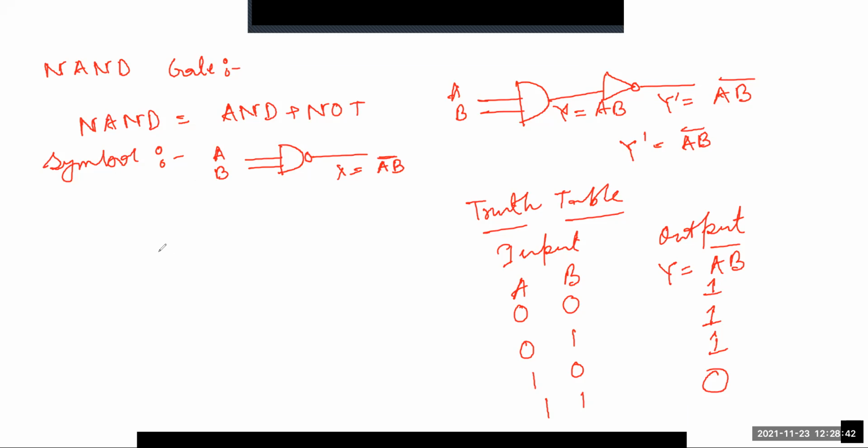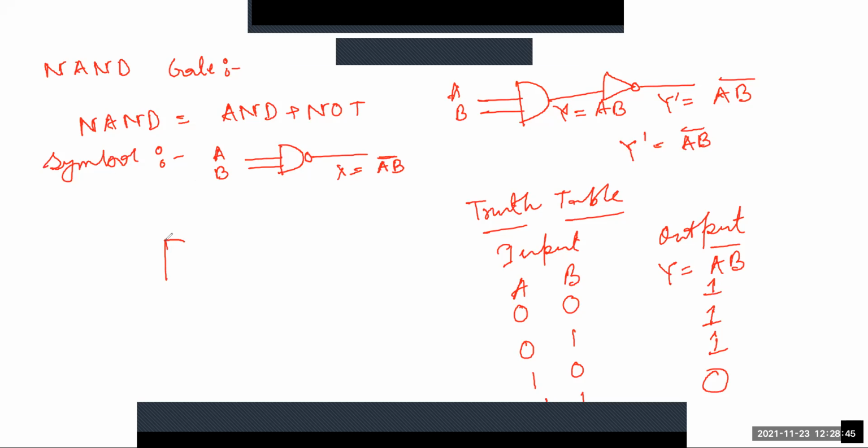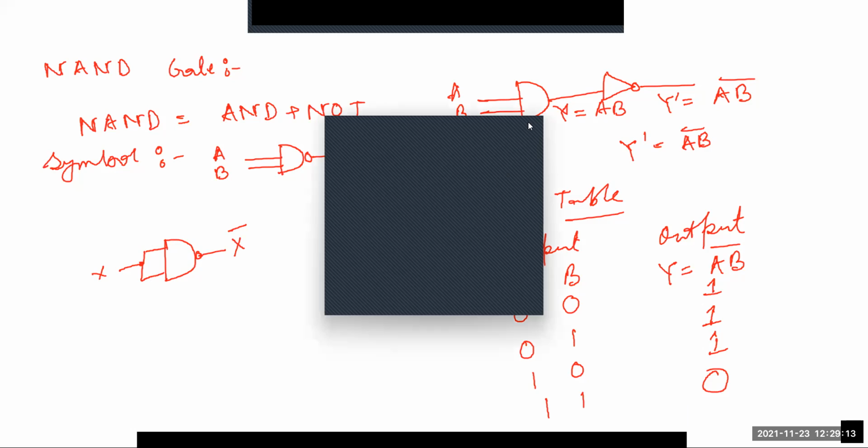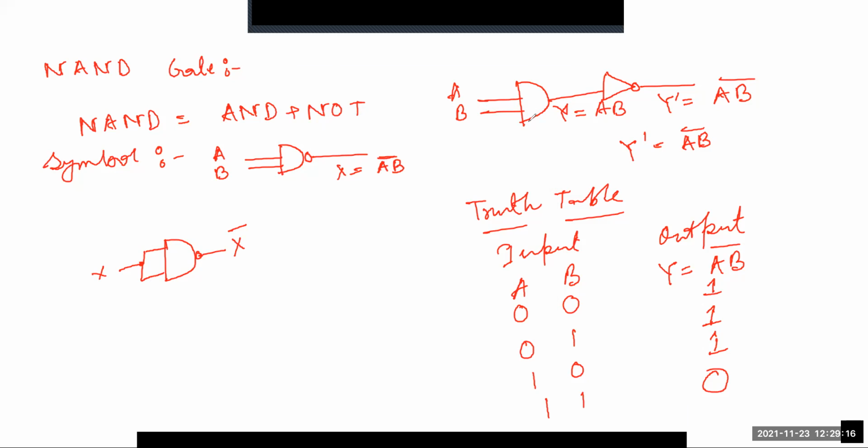Okay, so here you can see the 2 input terminals are together, just merged and then applied, and at the end we are getting the inverted form of input.